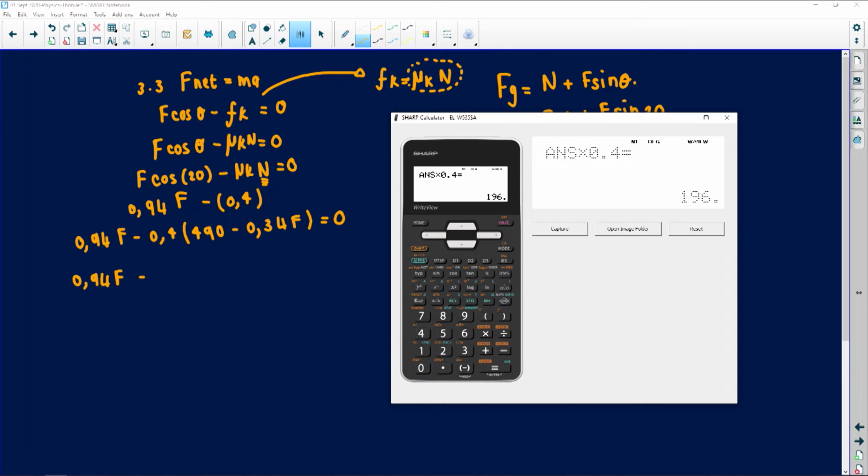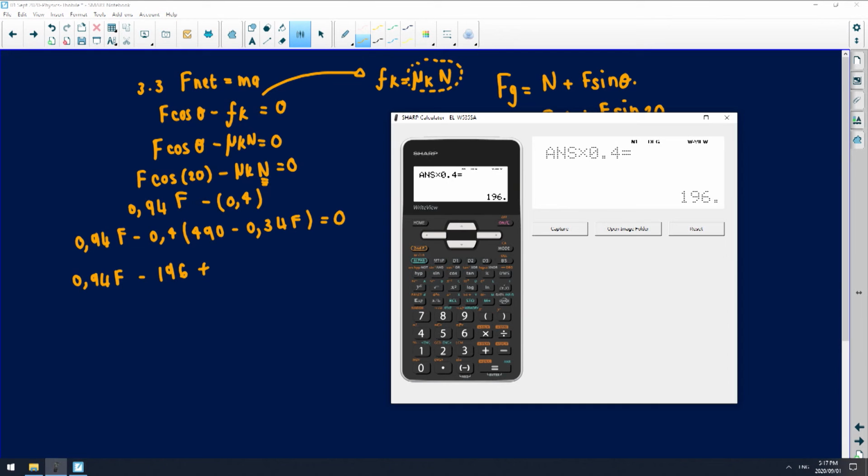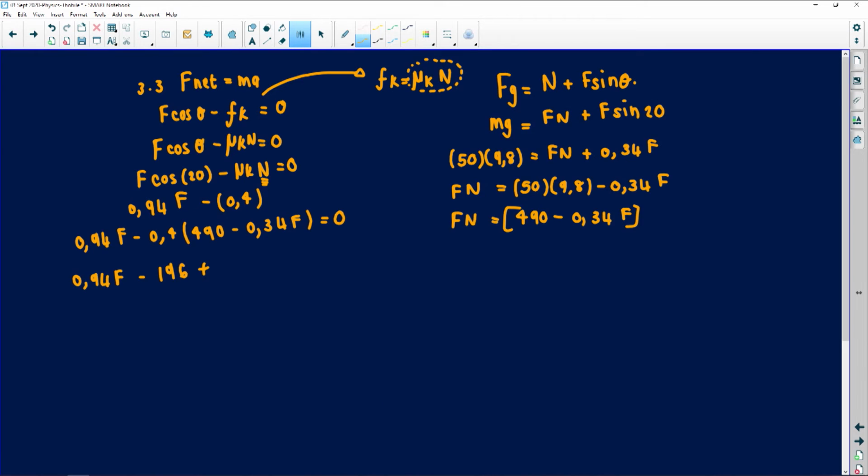I'm going to get 196. A negative times a negative is going to give me a positive. Then 0.4 multiplied by 0.34 is going to give me 0.136, and remember you still have your F, all equal to 0.